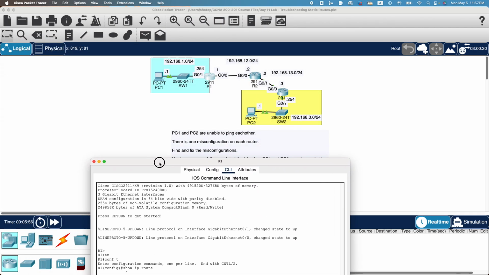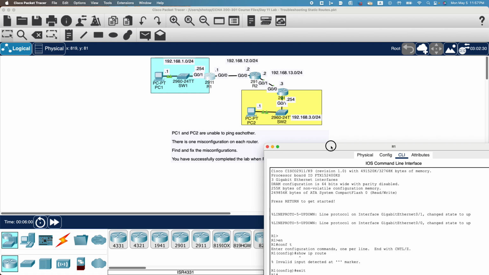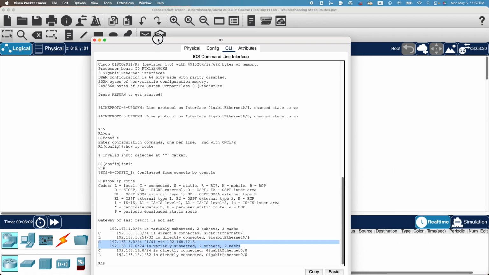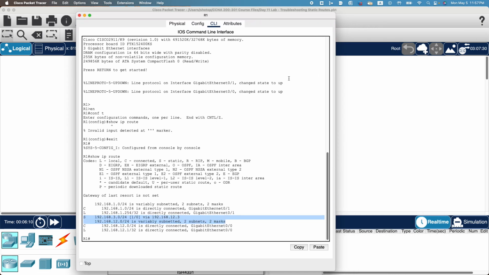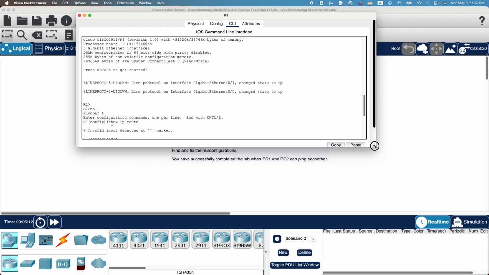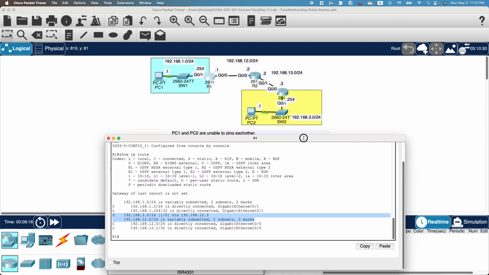Let me move this around. So it has a route to the destination subnet 192.168.3.0. This is annoying. I wanted to make this smaller so that we can have both on the screen. I'm going to have to get used to doing these.